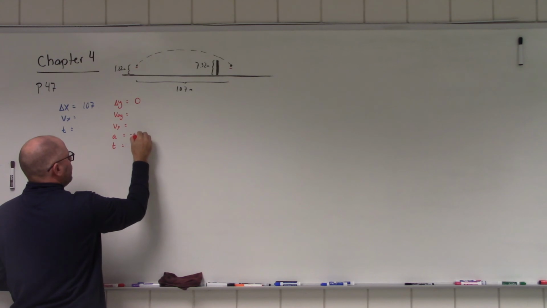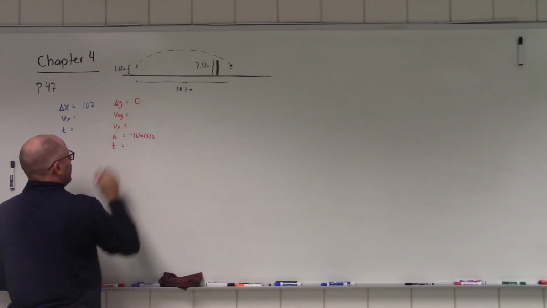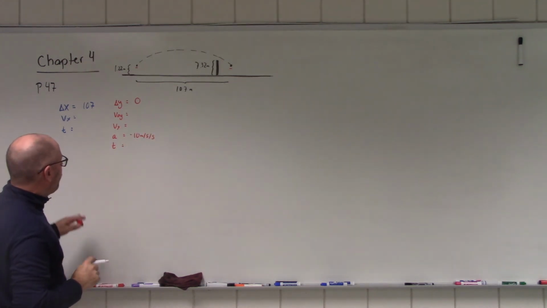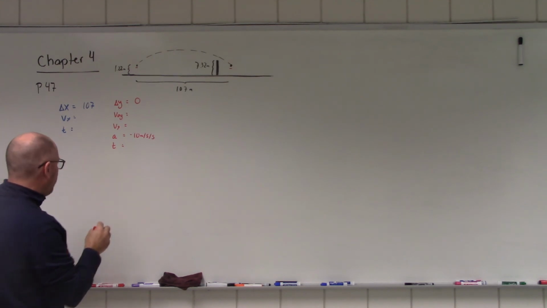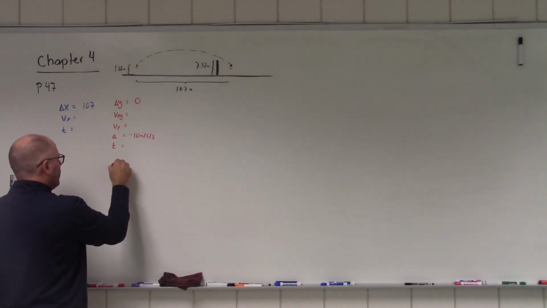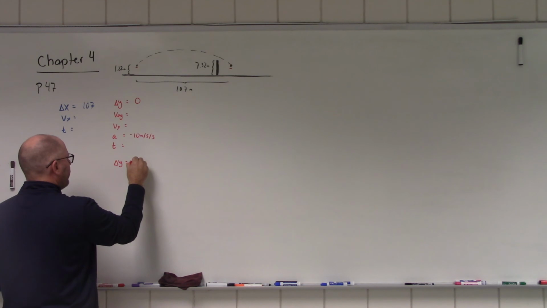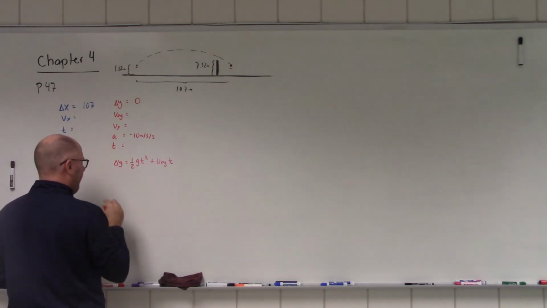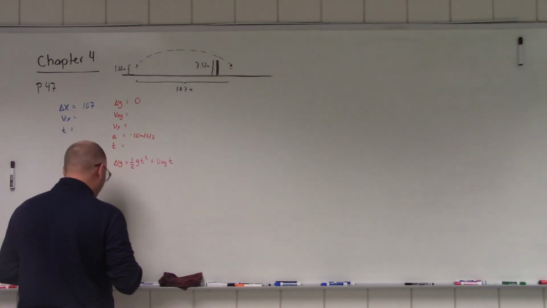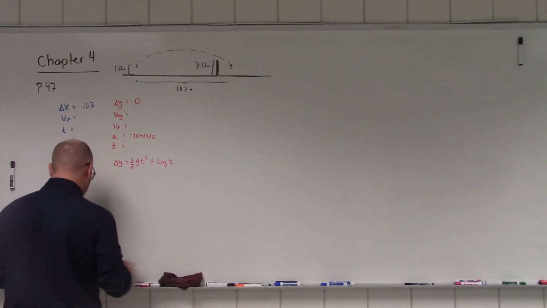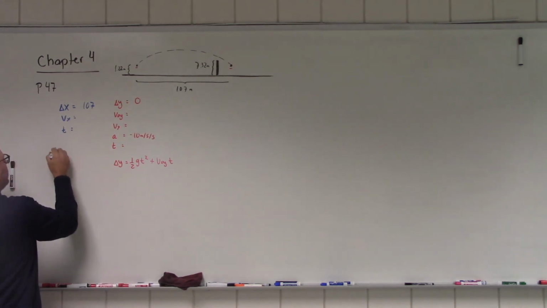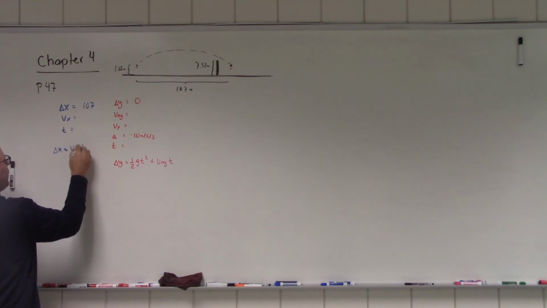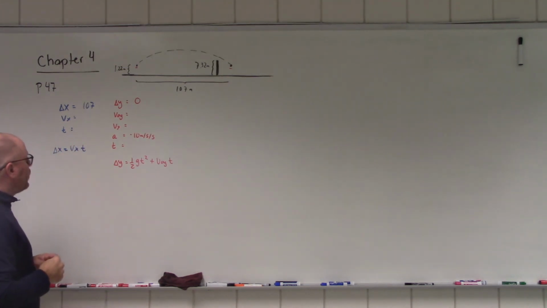This is -10. All right? And so when I look at my equations, delta y is equal to 1/2 gt squared plus v0yt, and delta x is equal to vxt. So I have my two equations.